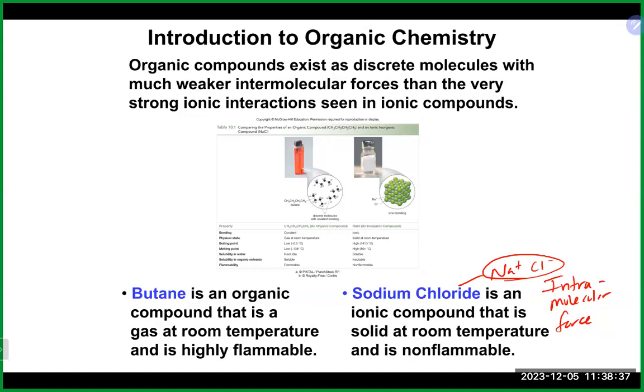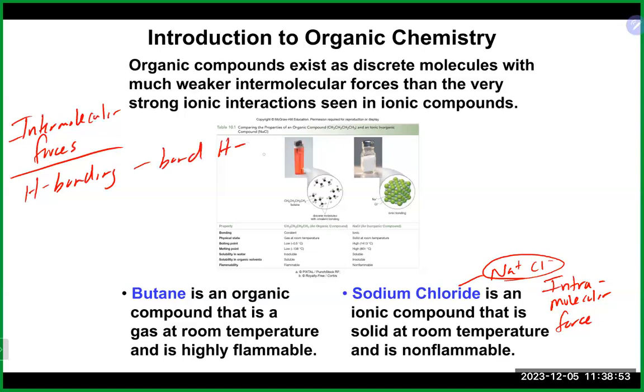And that's different than our intermolecular forces, as you may remember from your Chem 50 days. We have things like hydrogen bonding, right? Which is a bond between hydrogen and nitrogen, oxygen, or fluorine, right? One of those electronegative elements.